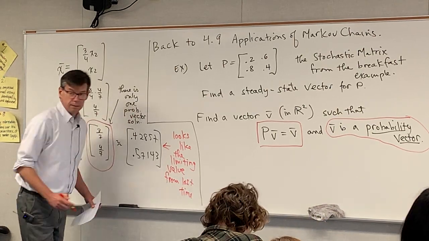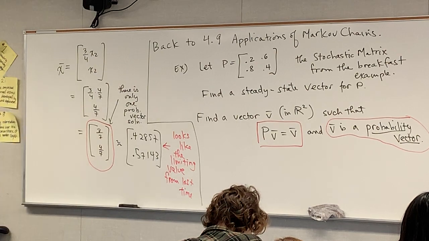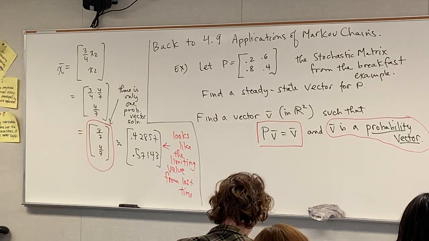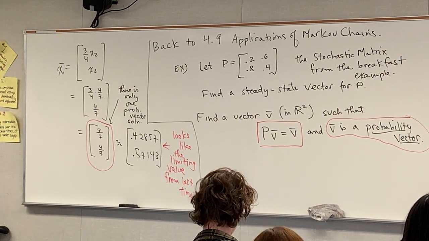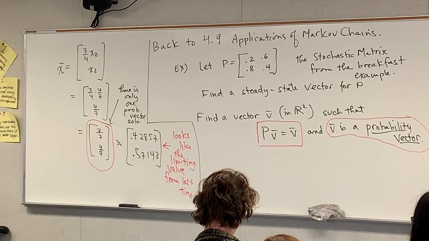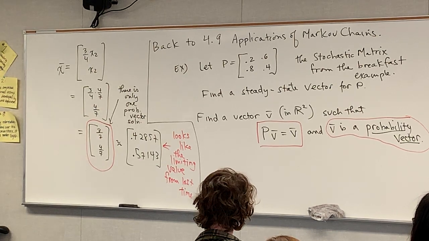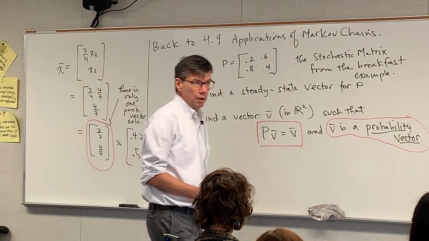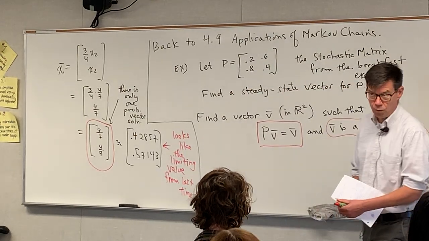And it is. And what is supposed to be interesting about this, and I think is really interesting, is that we approach that same limiting value no matter what the initial condition was.